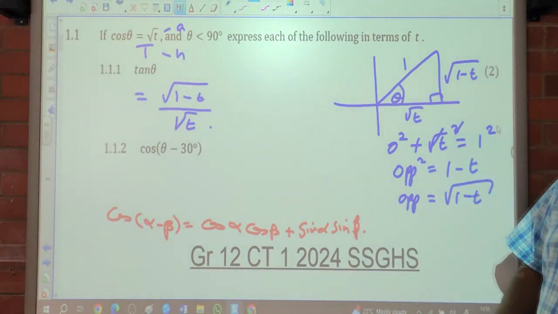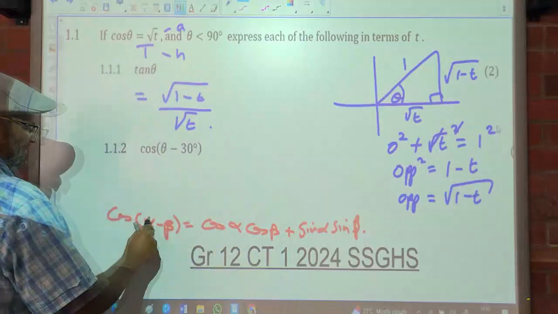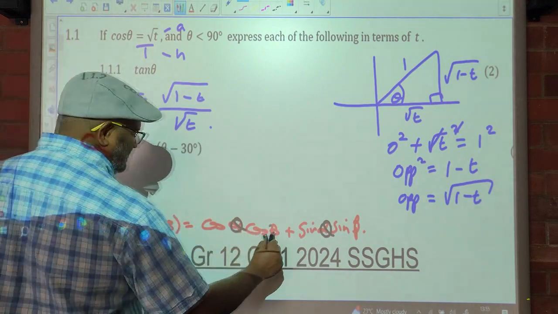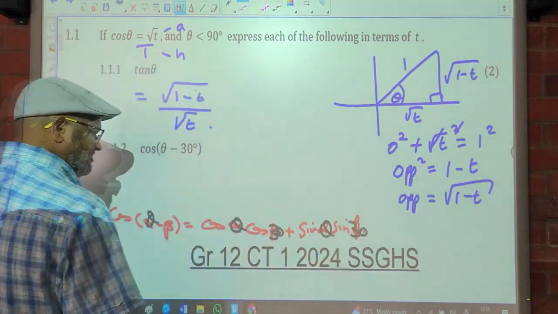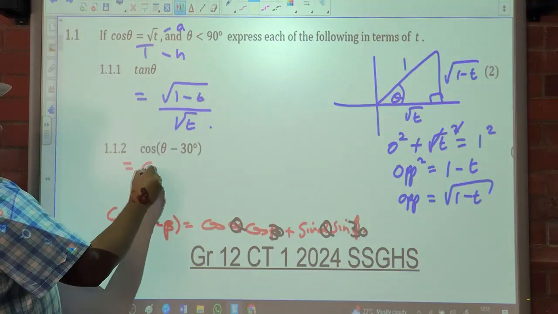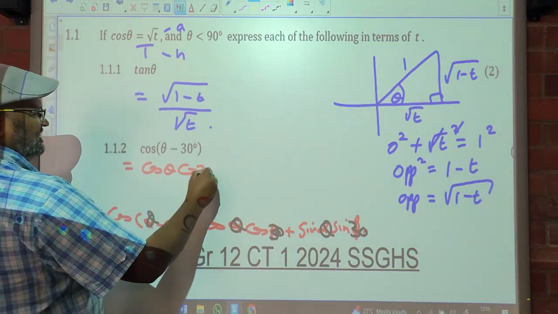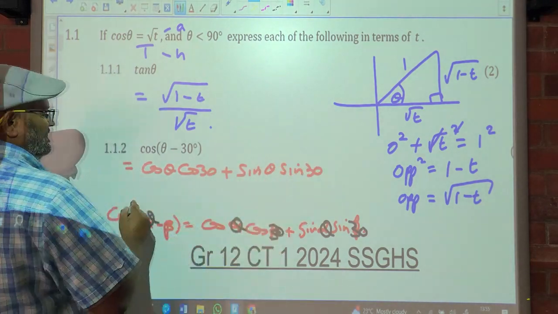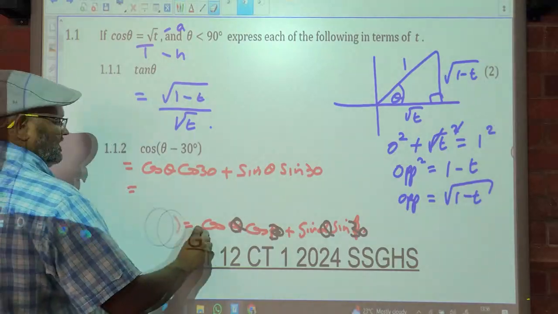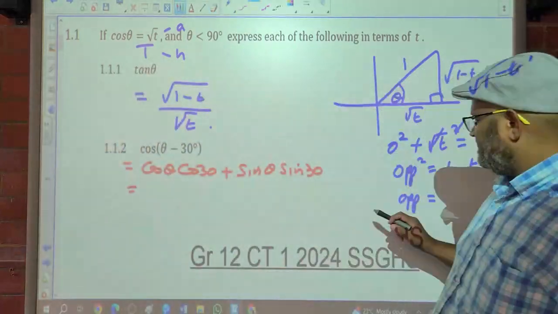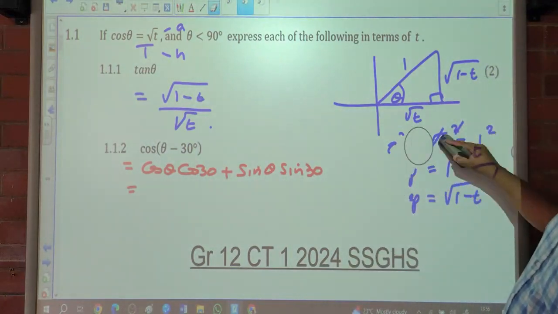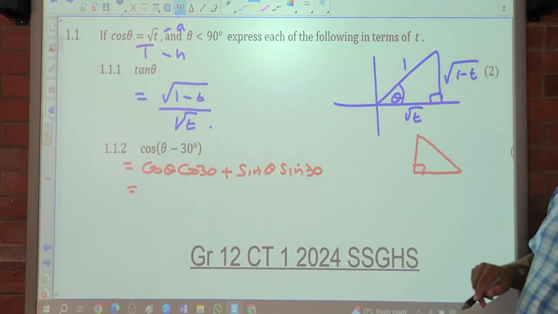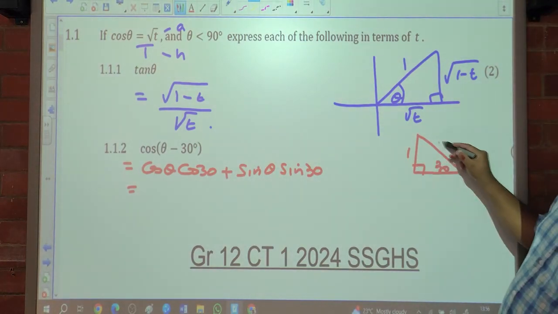So what is your alpha angle here? Theta. So there goes theta, theta. And beta, of course, is your 30 degrees. So if I write that out, it's simply cos theta cos 30 plus sin theta sin 30. Now the 30 degrees, we know it's going to be a special angle. Special triangle, not so. So here on the side, I draw my special triangles, to show the examiner I know what I'm doing. So 30 is 1, 2, root 3.